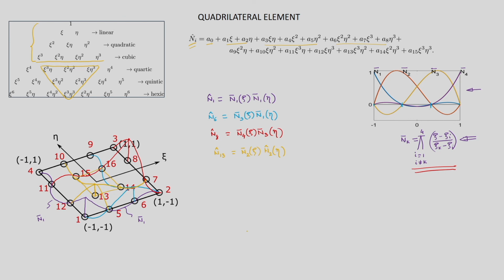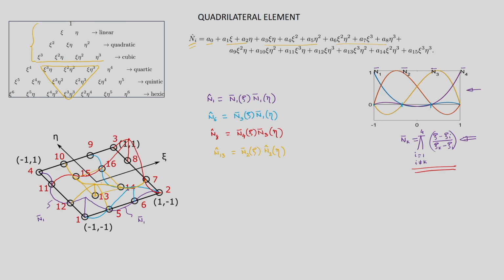Now, one thing we need to understand is that first of all, the internal nodes correspond to some alpha i's which are unknowns, and these alpha i's are not contributing to the inter element boundaries, because these phi i's are non-zero only in this element. So, these are not defined in any other element.